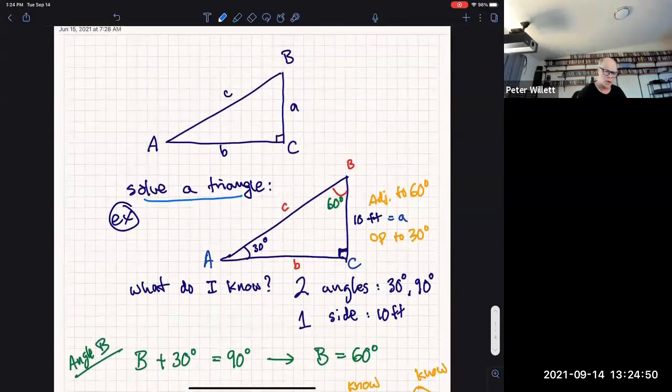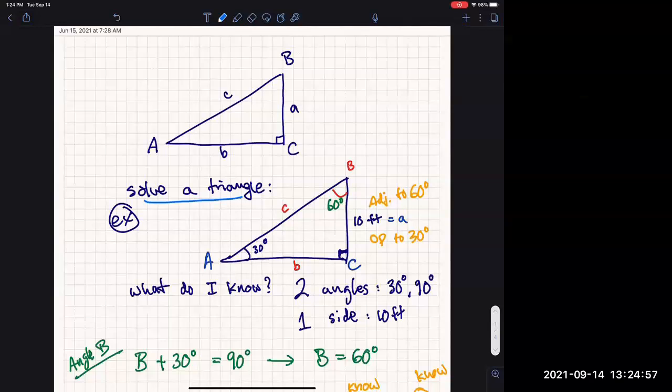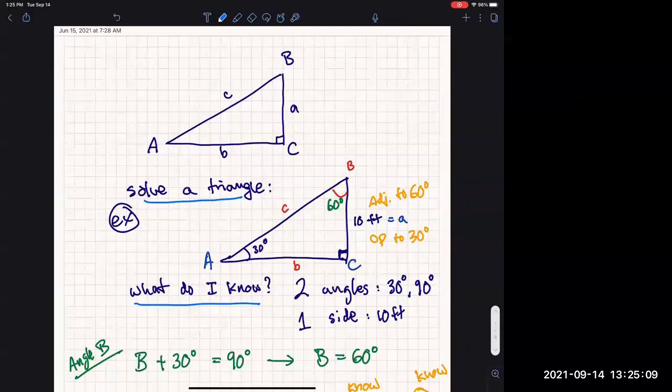And solving a triangle, as we just defined on the slides, is when you find all the sides and all the angles. In this example, what we know is 2 angles and 1 side, and I want to show you how we can figure out all the stuff we don't know, the other 2 sides and the other angle. Does that make more sense now? Yes, very much.